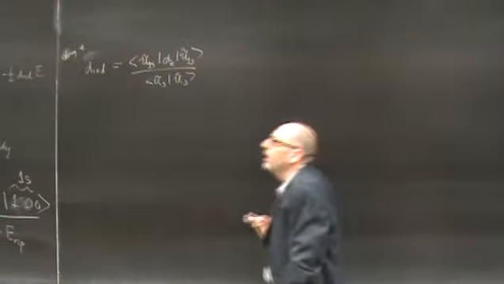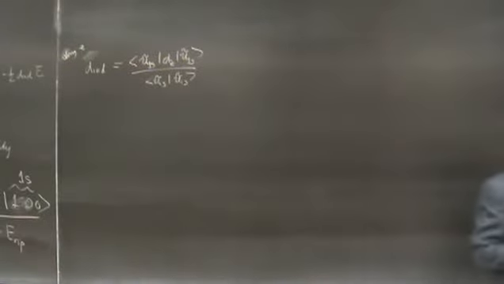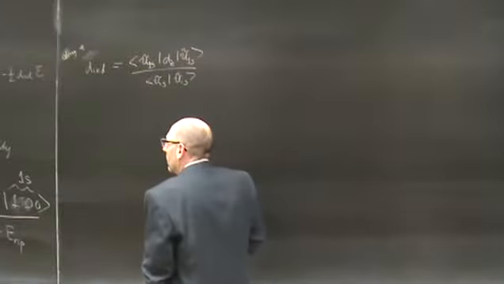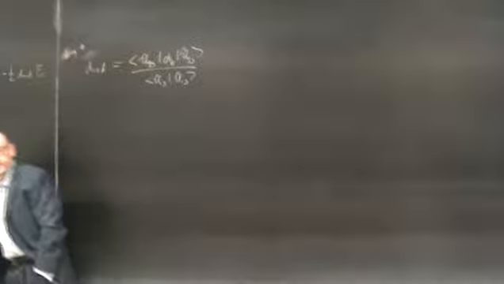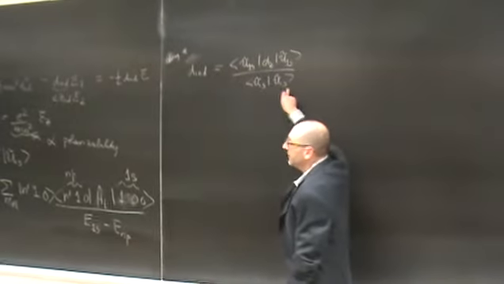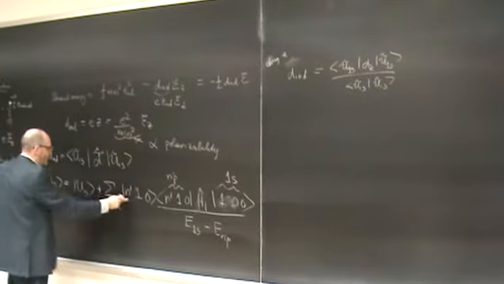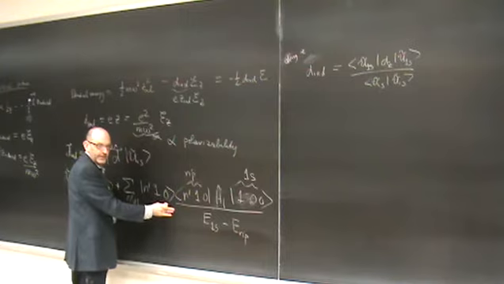All right, so now I want to find the lowest non-vanishing contribution to this, okay? In the lowest order in the perturbation. So this correction term is of order 1. In the denominator, when I take the inner product of this with itself, I'm going to get something of order 0 and then something of order 2. Right?